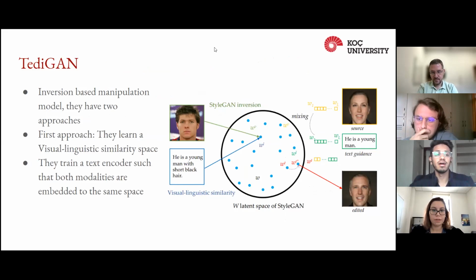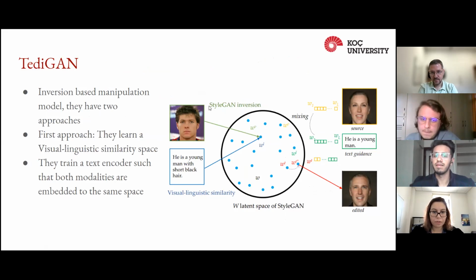Another model is StyleGAN, which is really close to our work as well. This is an inversion based model like our approach. In their inversion based model, they have two different approaches. In the first approach, they learn a joint visual linguistic similarity space.